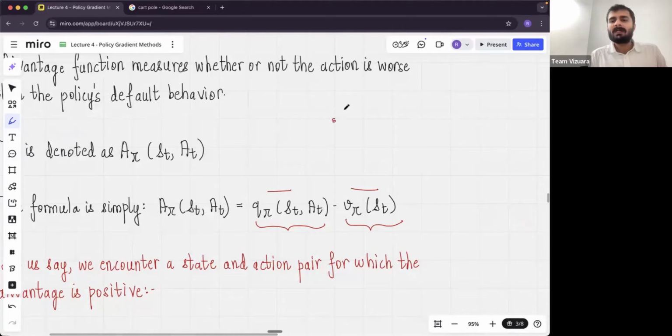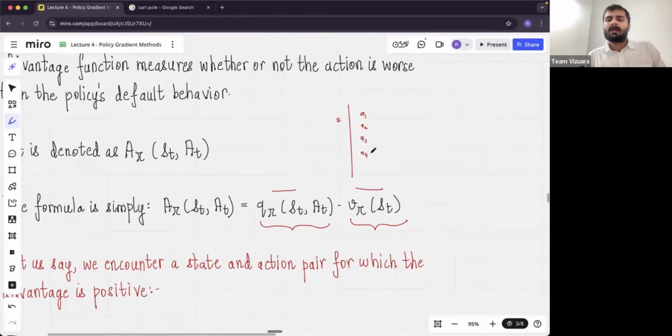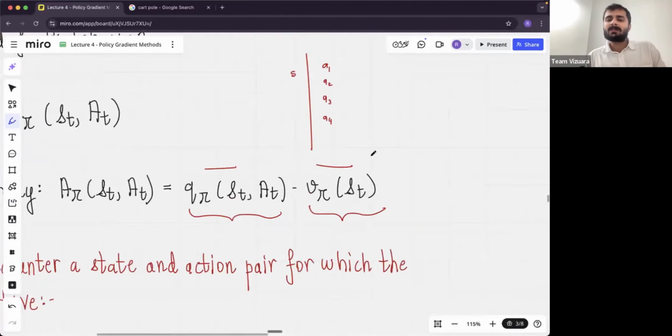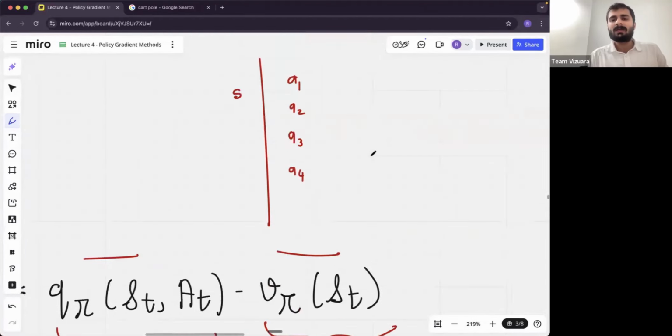So let's say we have a state S, and we have these actions A1, A2, A3, and A4. Okay, so there are four possible actions which I can take from this specific state.